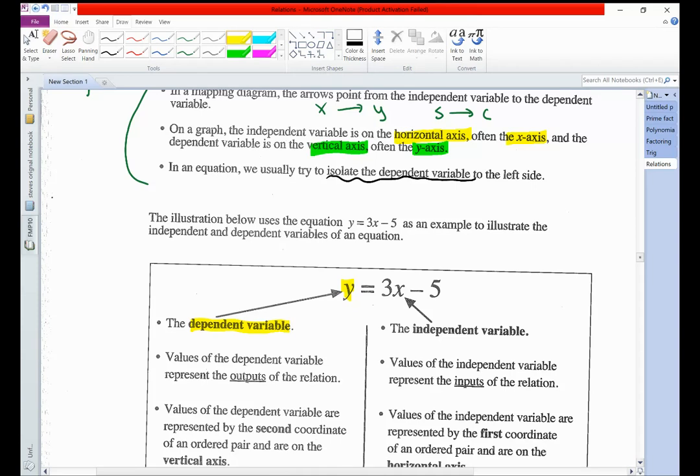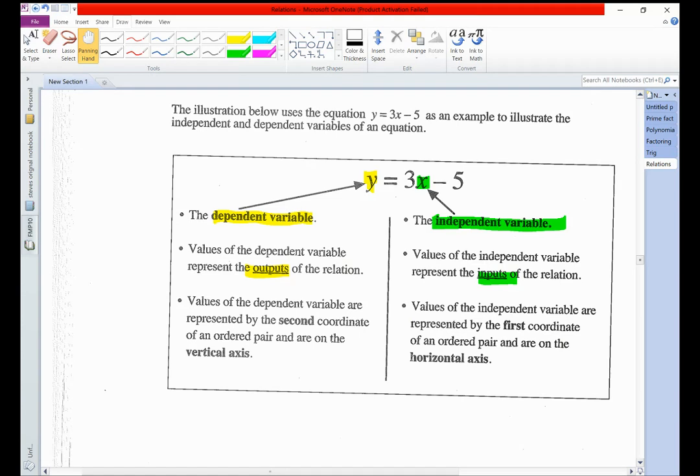We have an equation y equals a bunch of stuff. And then the independent variable is x, and that's in the equation of a bunch of stuff. So you can think about that as our inputs, right? So if we put a value of x in, we can calculate a value of y. You can put an input in and find the value of an output.